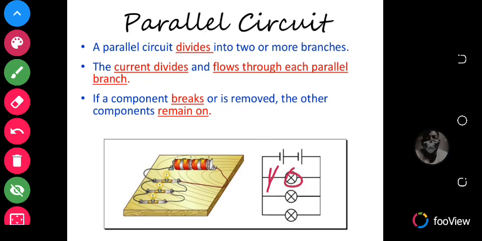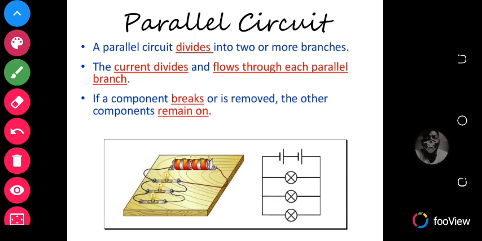But this one is still connected to the battery, and this one is still connected to the battery. If there is also a break here, this one is still connected to the battery, so it will light on. The third one is also connected to the battery, it will light on. But the one that has been broken wouldn't light on because the wire has been torn.